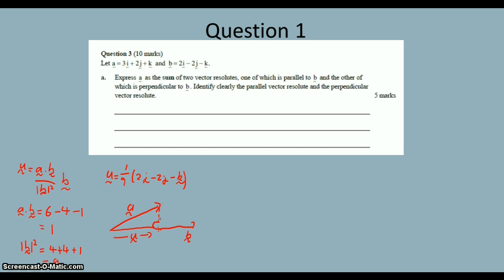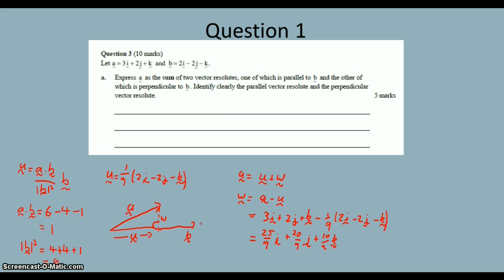Let's call the perpendicular vector W. So we can write vector A is equal to U plus W. Rearranging that, we can say that W is equal to A minus U. So vector A is 3i plus 2j plus k, and we're subtracting from that vector U. And when we calculate that, we get 25 on 9 i plus 20 on 9 j plus 10 on 9 k.